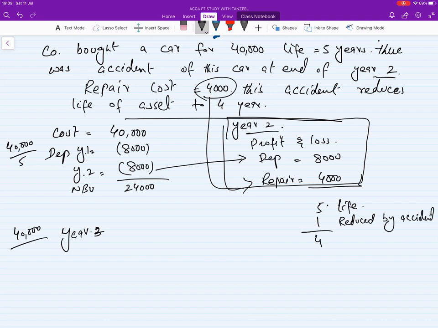Now remaining is 4, and you have already used 1 and 2. So 5 years was the life, and because of the accident, 1 year was lost. So you got 4. Out of this 4, you have used 2 years already. So the remaining life is 2 years.